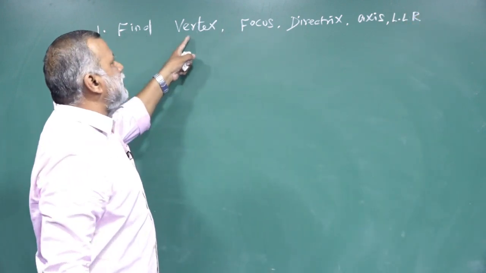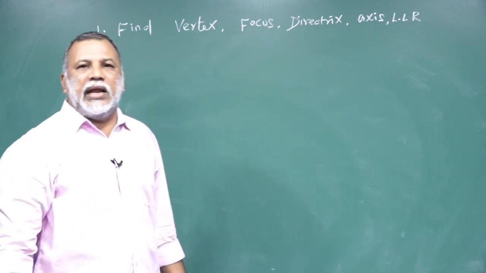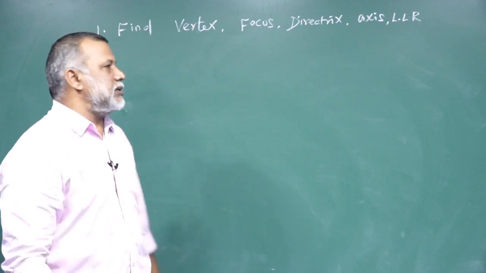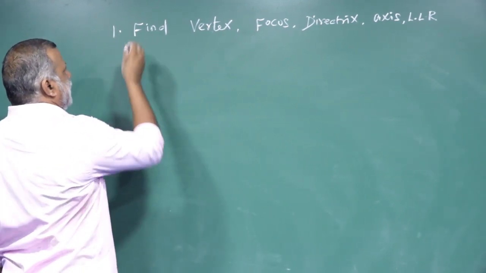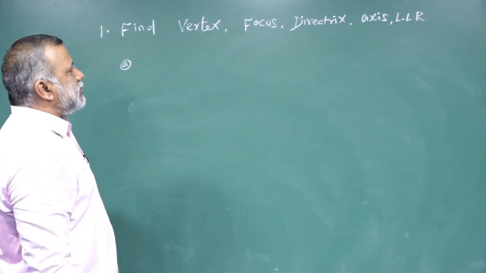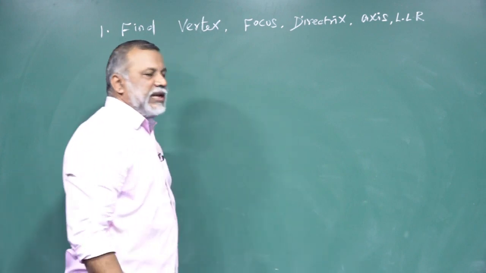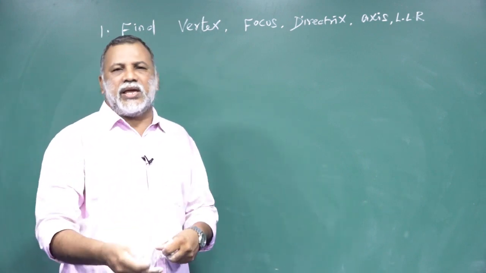See, find the vertex, focus, directrix, axis, length of the latus rectum for the following parabolas. In question number 1, this is a common heading. Find vertex, focus, directrix, axis, length of the latus rectum for the following parabolas and sketch the diagram.